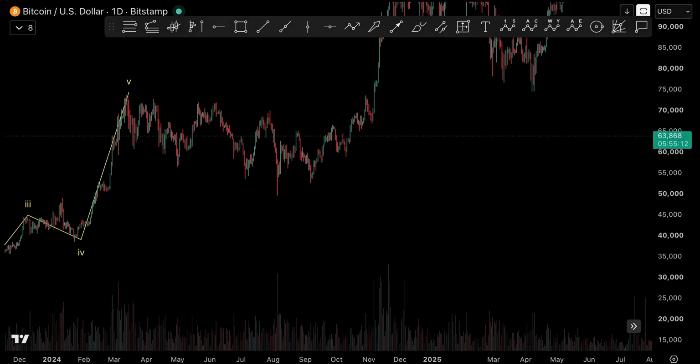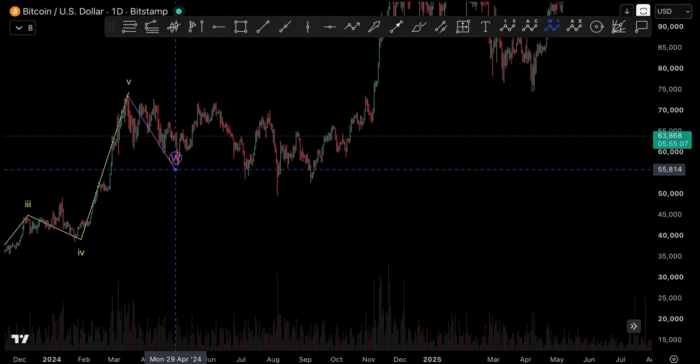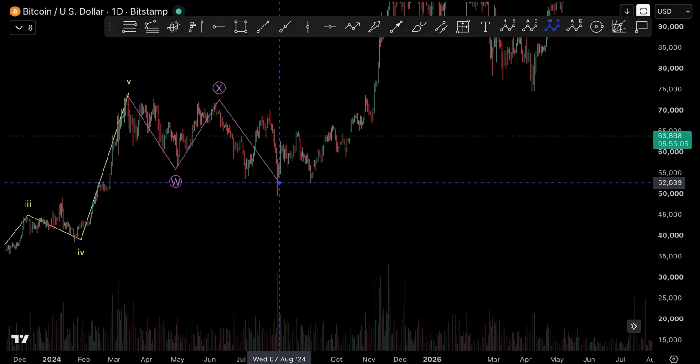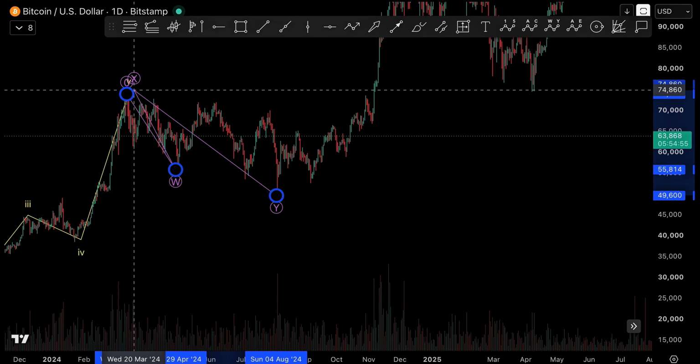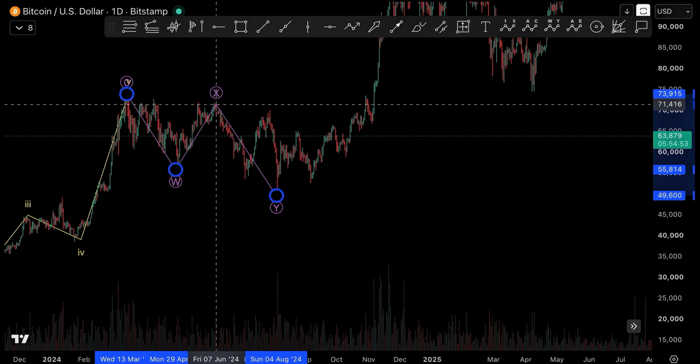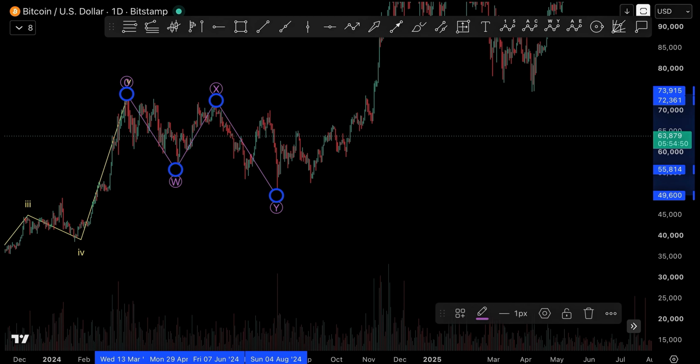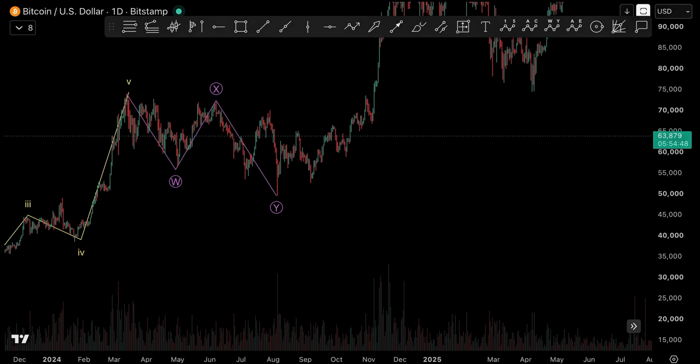So this structure here is a WXY, from this top to this bottom, to this top, and to this bottom here. You see the X never exceeded the beginning of this W wave. X is within that top, and then we have that choppy sideways action.